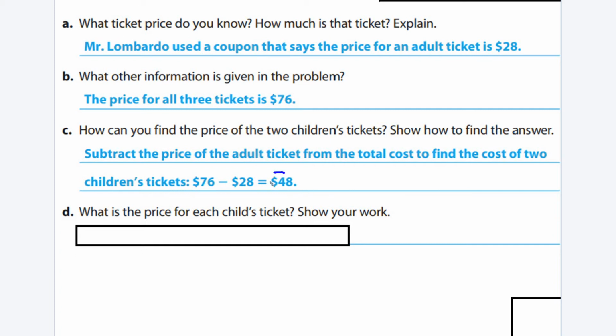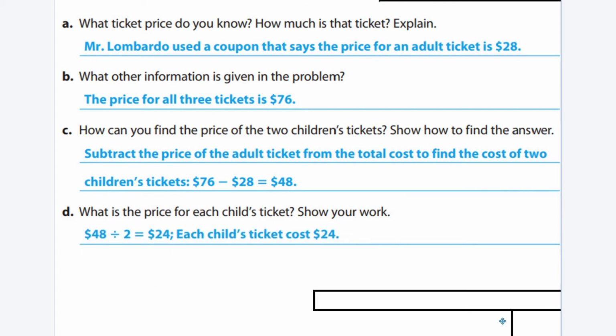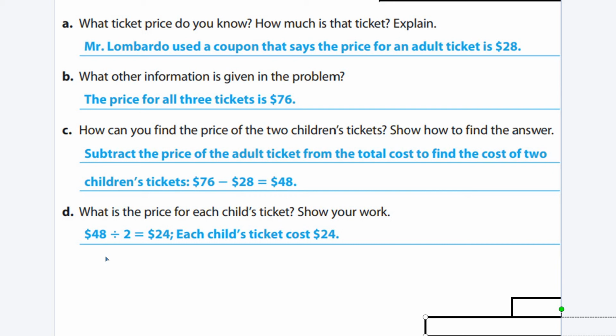So now you're left with $48 when you do 76 minus 28. So think about that. If the total price now is $48, what would the price for each child be? And since there's two, you do 48 divided by 2, and you get $24. So the answer to that question is each child's ticket costs $24.